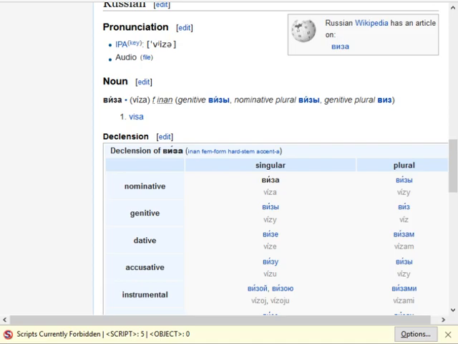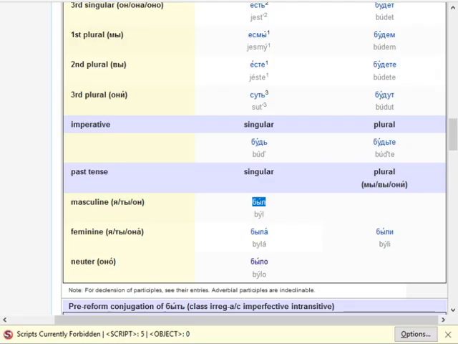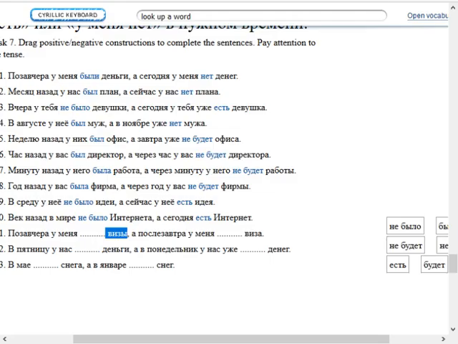That means we're looking at past tense feminine. So past tense feminine is "была." But again, they want "не было." Why again are we using "не было" for a feminine word? It doesn't make any sense.